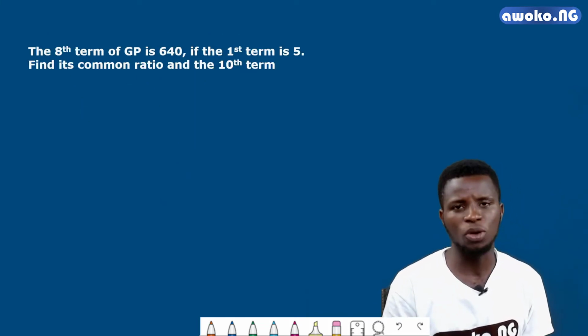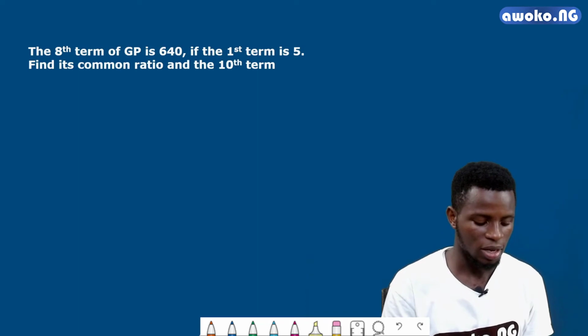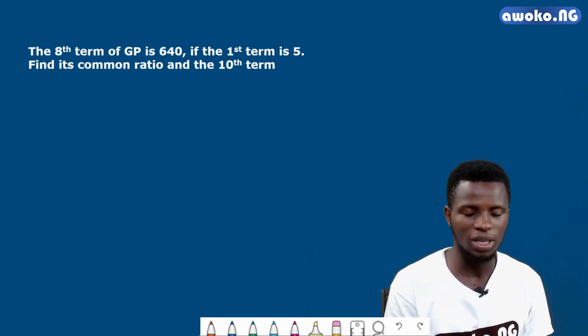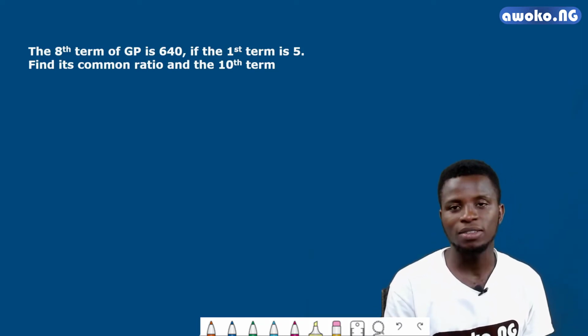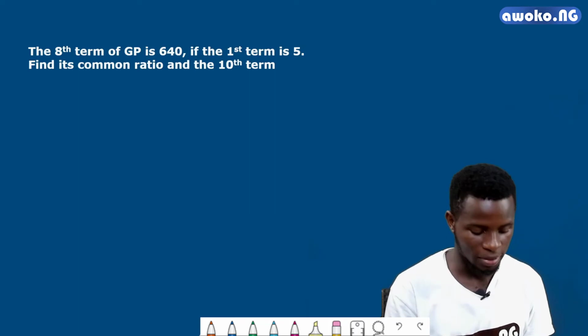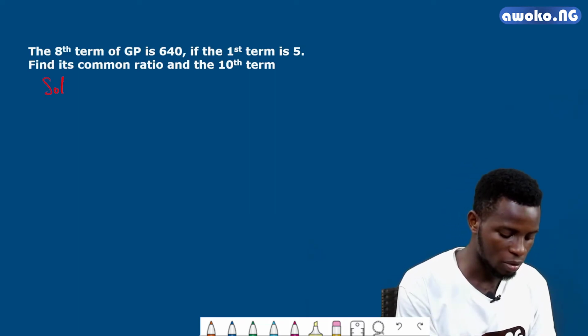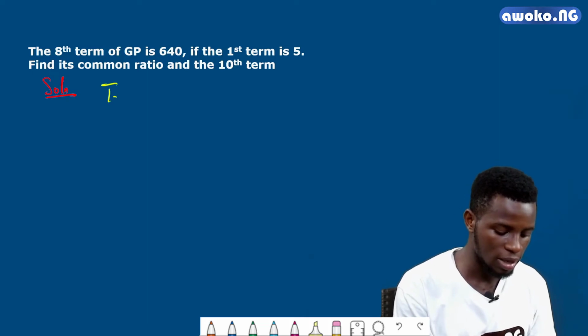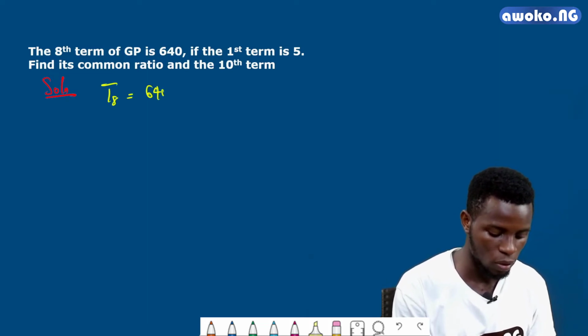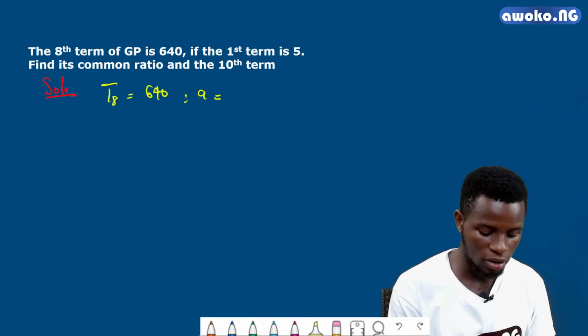Let us consider another problem to illustrate this. We are told that the 8th term of a GP is 640, and if the first term is 5, find its common ratio and then find the 10th term. If we pen down our parameters, T8 is equal to 640 and a is equal to 5.